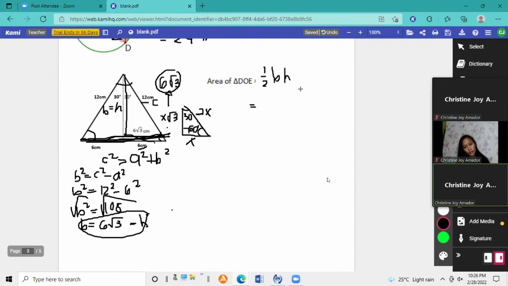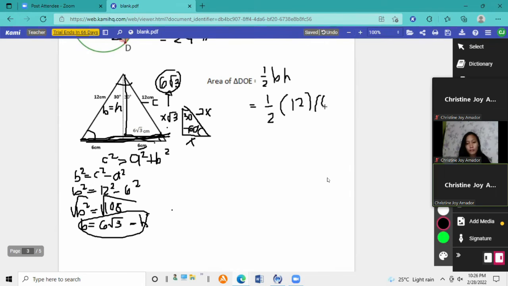Since we now have the value of our base and our height, we will just substitute. One half. What is the measurement of our base? It is 12, because 6 plus 6 is 12. What is the measurement of our height, or our longer side?